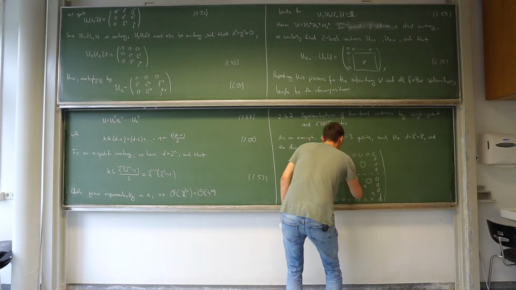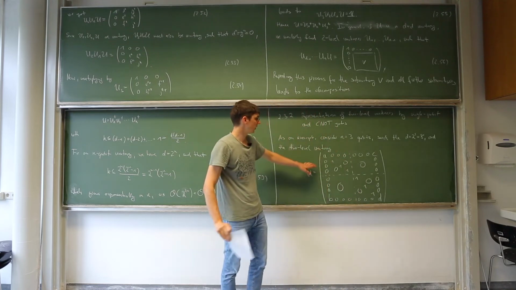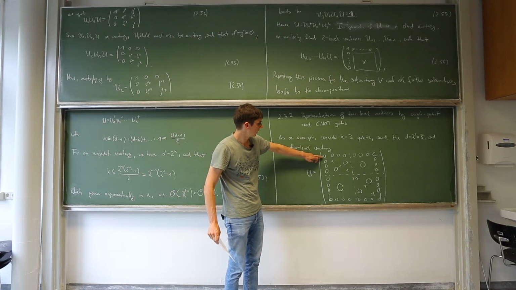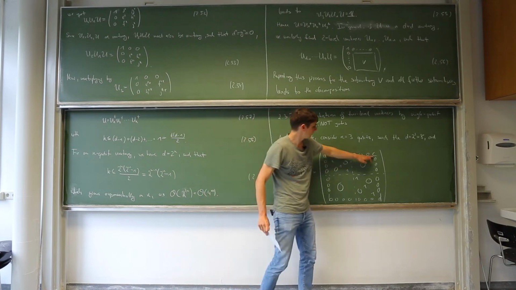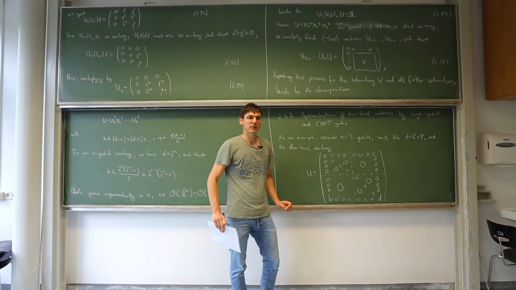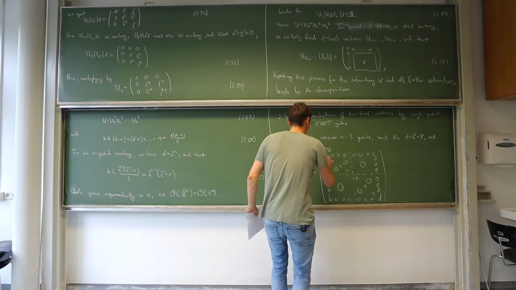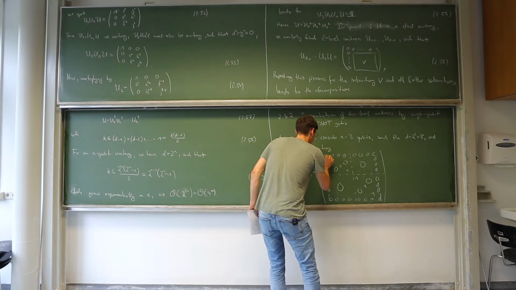I mark this in this way. So it has only non-vanishing entries here. It's A, B, C, D, and then the diagonal, which is 1. So this is such a two-level unitary. I write this down in red such that you can see this.